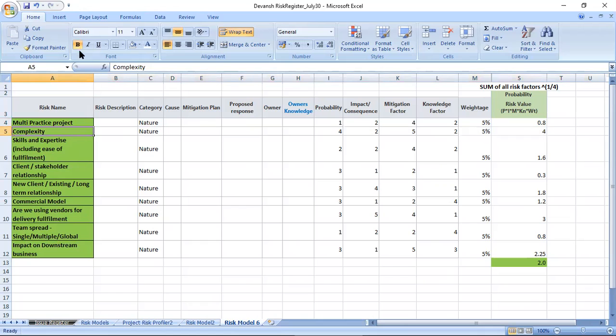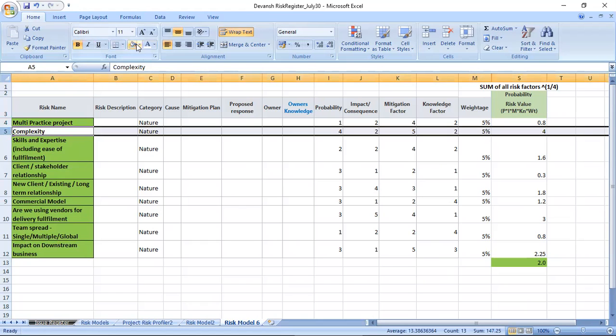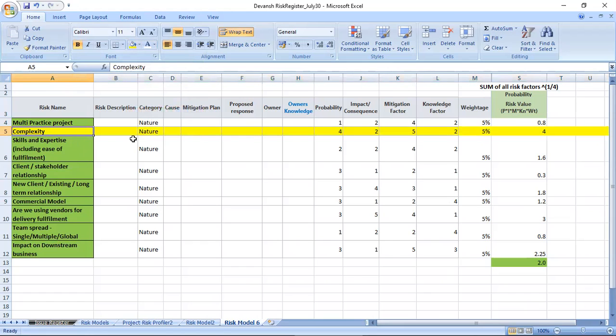Okay, let's take this particular row as an example. Let me mark it yellow. Complexity of this project. Let's say we have got an airline project, and the complexity of designing this particular project, the probability will be very high, correct? Impact is, if this goes wrong, impact will be high. Mitigation factor: how much effort I'm going to put to mitigate this?